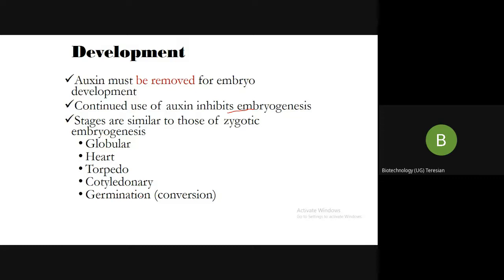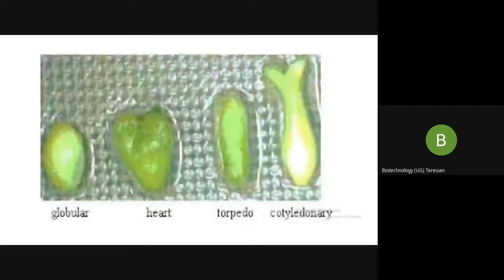So we shall look into the various stages of this embryogenesis. You should have a blueprint in your mind about the structure. There are different stages. This is a very important question. So what is the first stage? It is the globular.